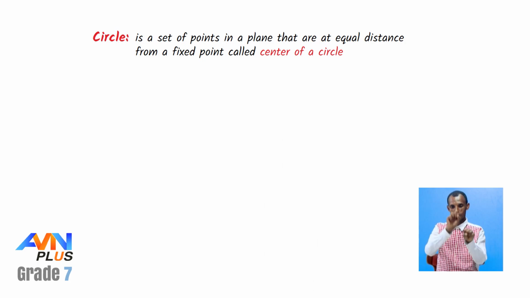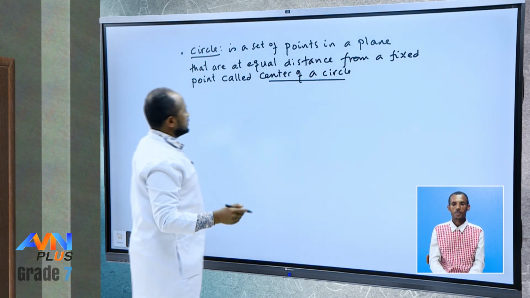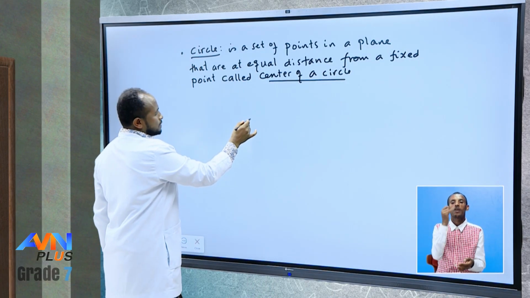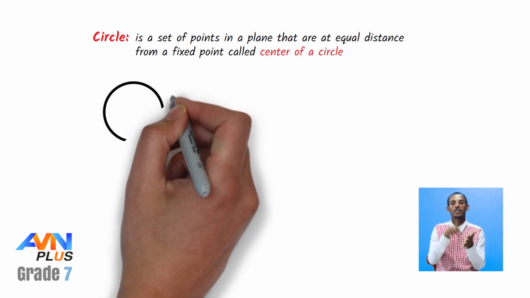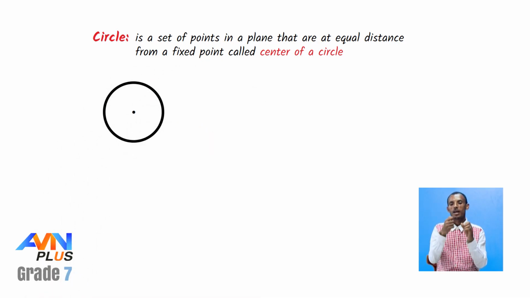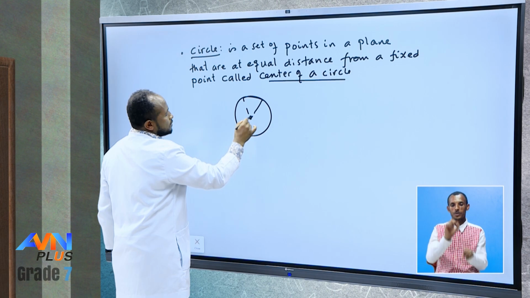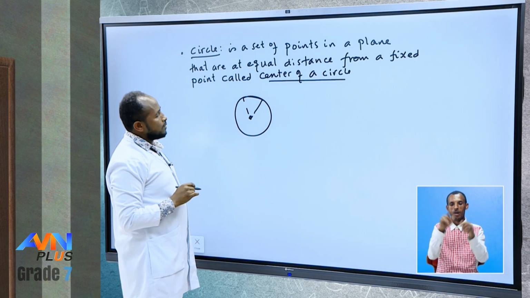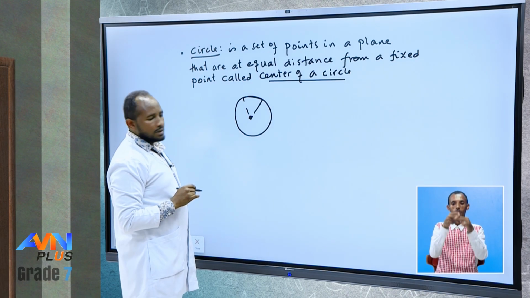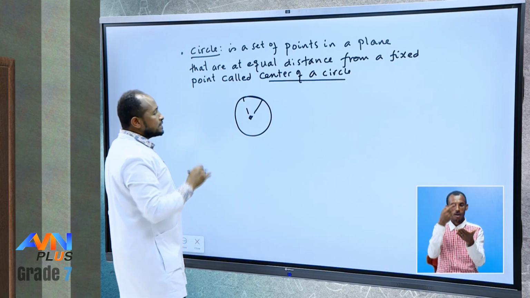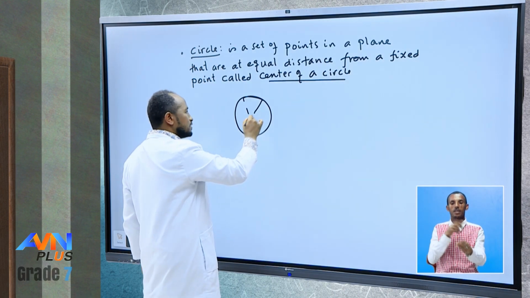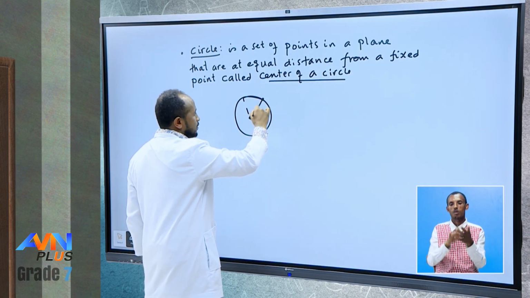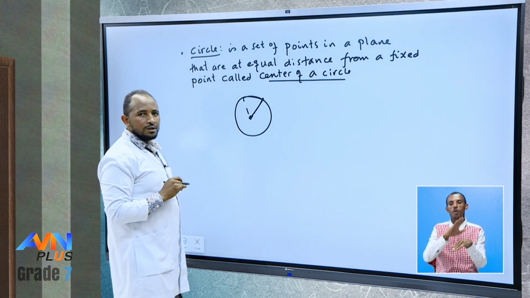If you have this fixed point, the set of points at equal distance from it will give you such a circle. So the set of points at equal distance from a fixed point is called a circle.